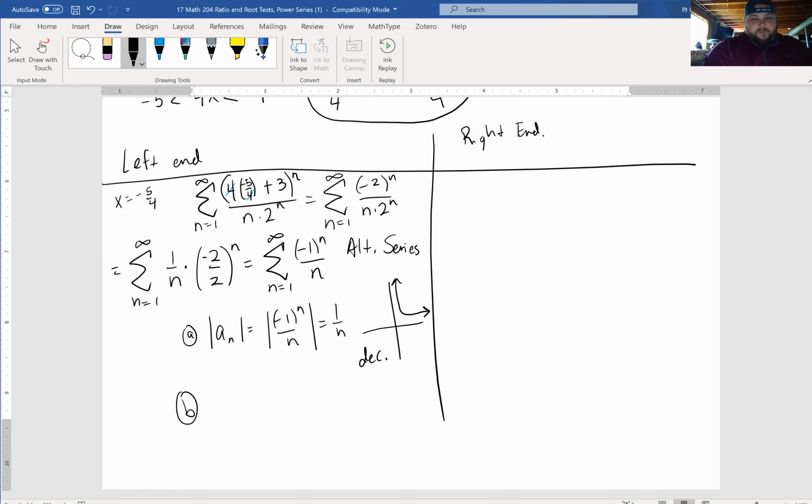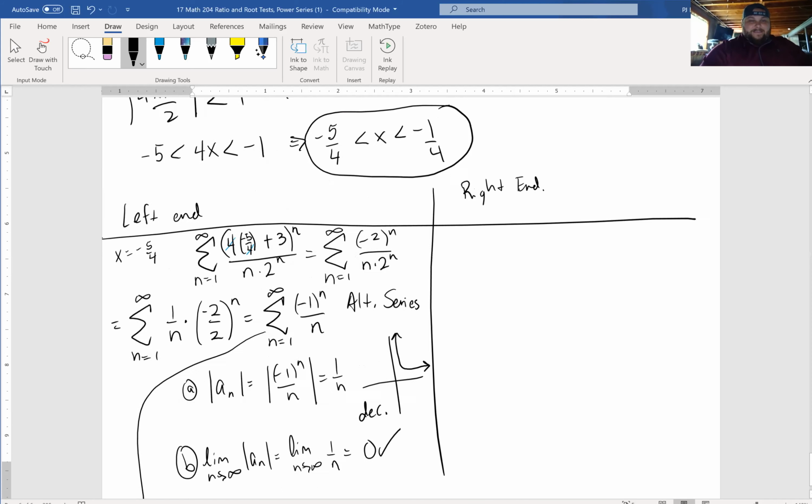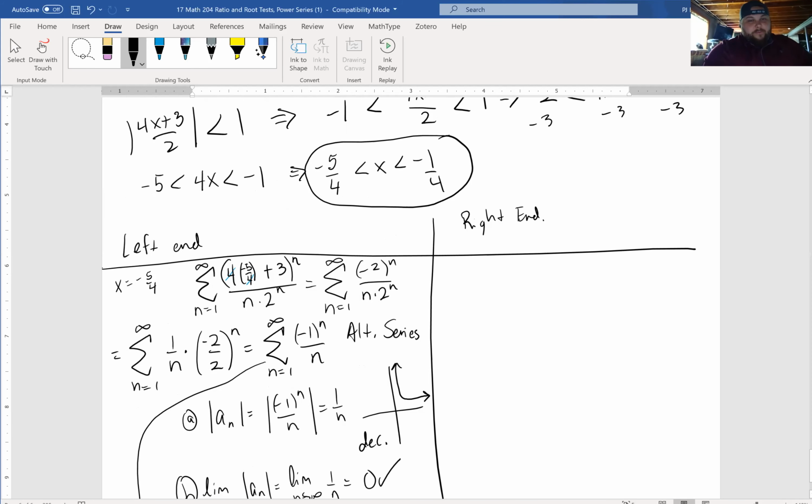The second part for an alternating series says take the limit as n approaches infinity of the absolute value of a sub n. That's going to very easily give us 0, and that meets the second criteria. So this series converges. If it converges, that means x is allowed to be that value, and it can be equal to.